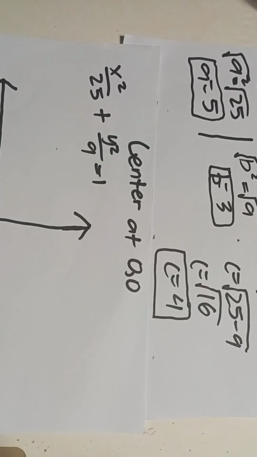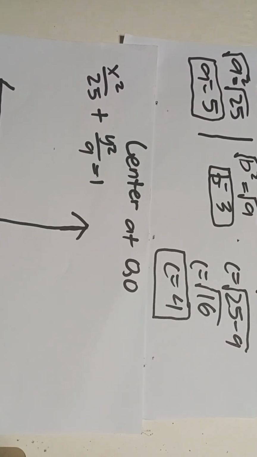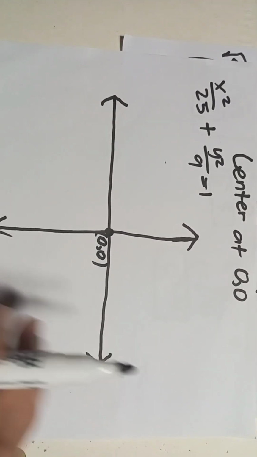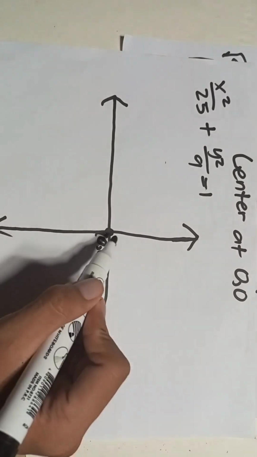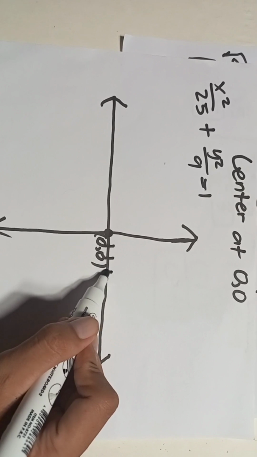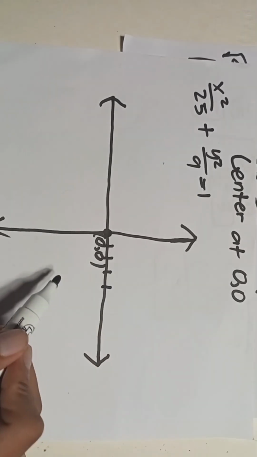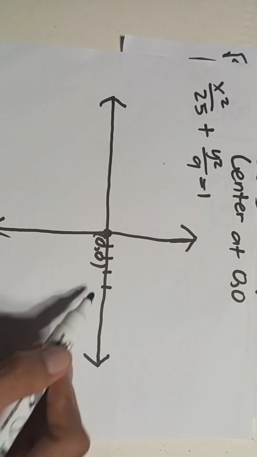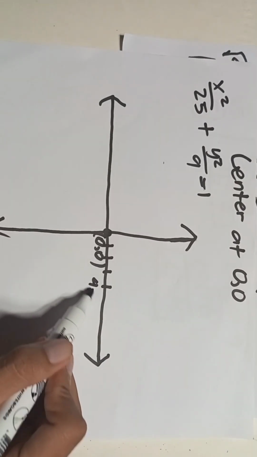Then our foci is equivalent to c, which is 4. So count 1, 2, 3, 4. This is our focus, 4, 0.